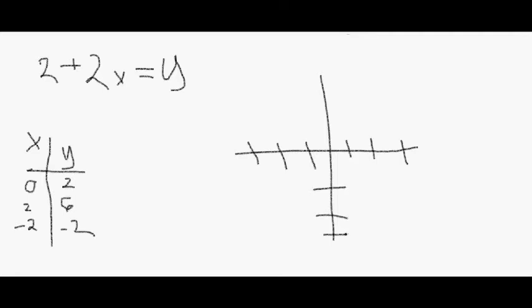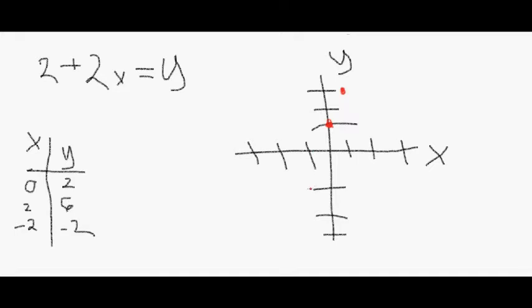Let's draw it. I'll have each line represent 2: 2, 4, 6, on each side. So this is x, and this is the y coordinates.